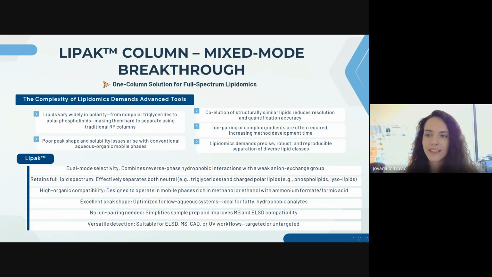The challenge with traditional reverse phase columns is that they rely only on one hydrophobic interaction to separate compounds. That works to a certain point, but it creates serious limitations. For example, let's say you have a neutral lipid and a phospholipid, both with the same fatty acid chain length.